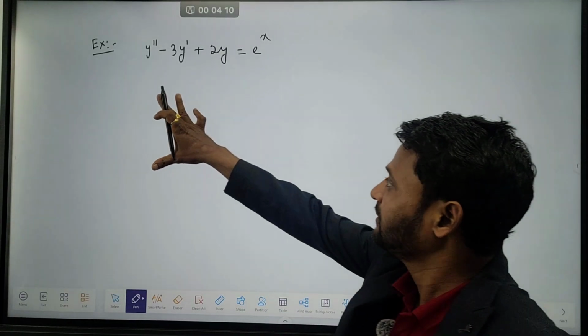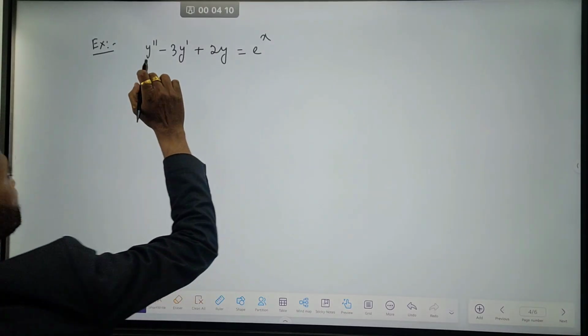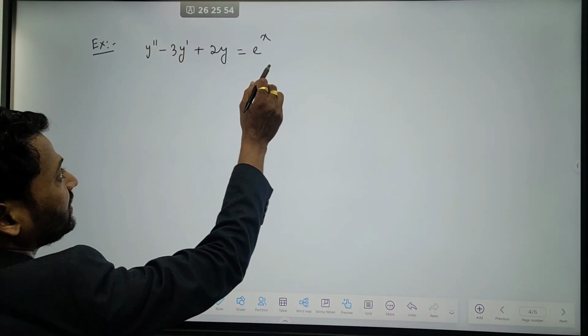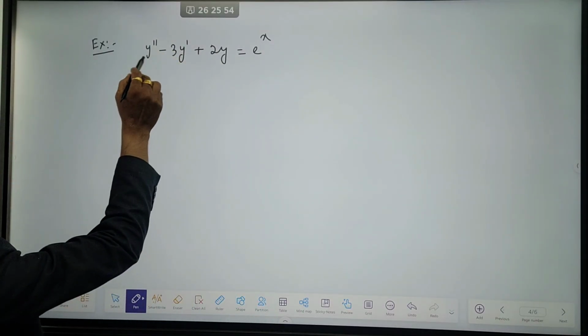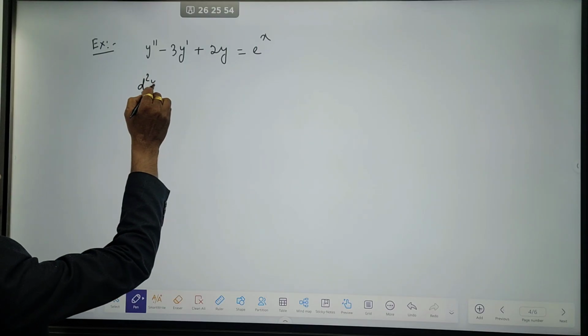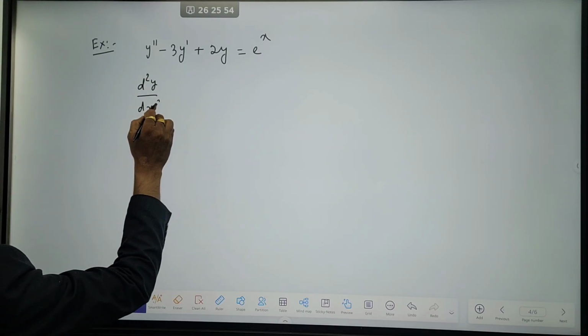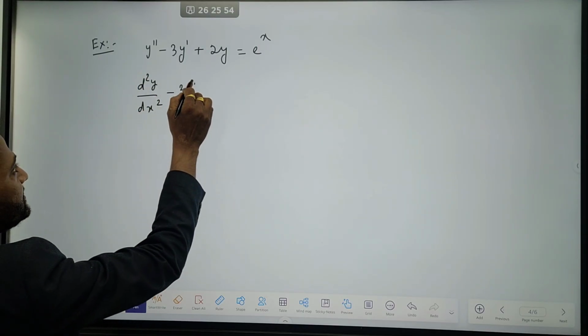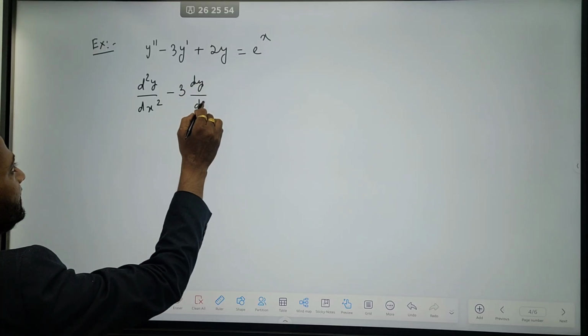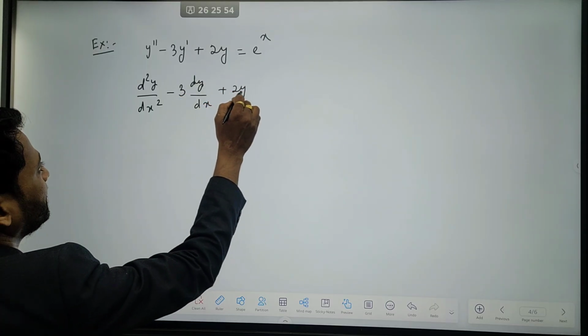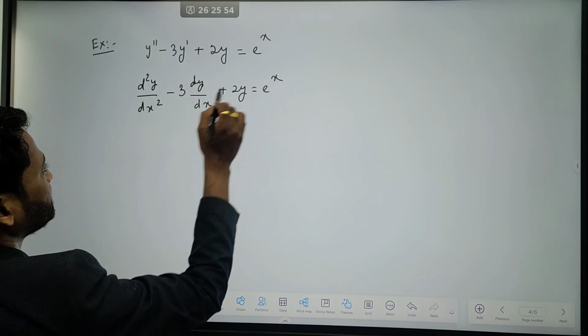Coming to that question, here it is given y double dash minus 3y dash plus 2y equal to e to the power x. As you know, y double dash means d square y by dx square, okay, minus y dash means dy by dx, plus 2y equal to e to the power x.